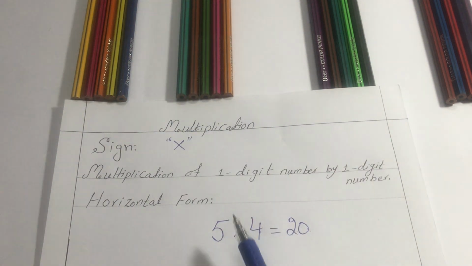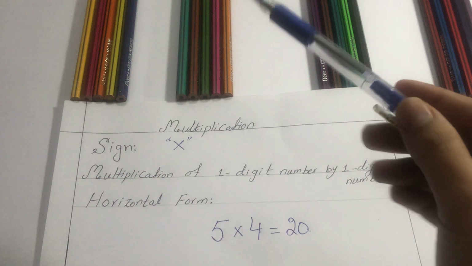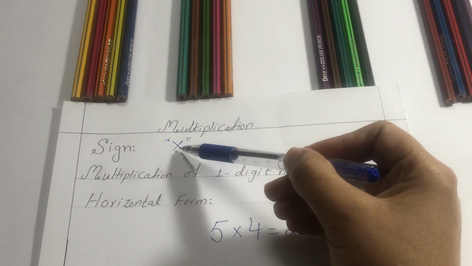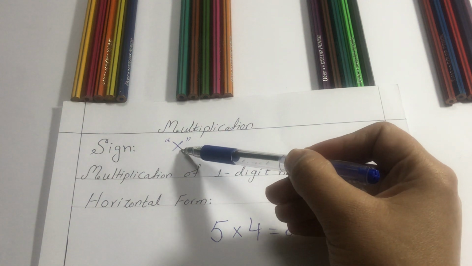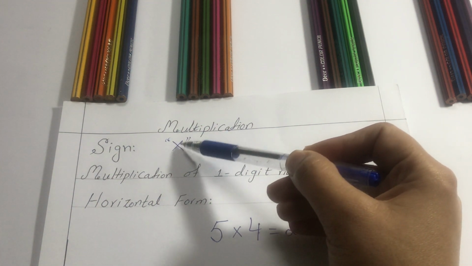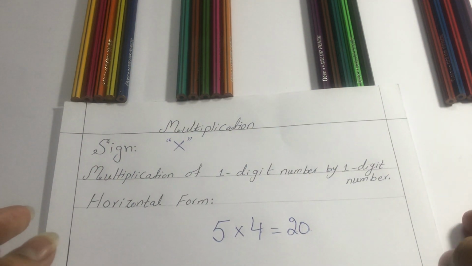So we will multiply the number of pencils with the number of groups. So we get 5 fours are 20. This sign means times. You have already seen this sign in your tables, right?